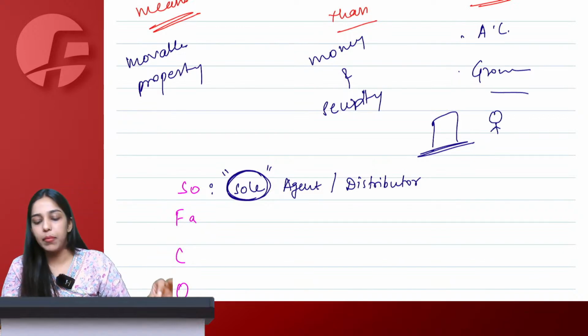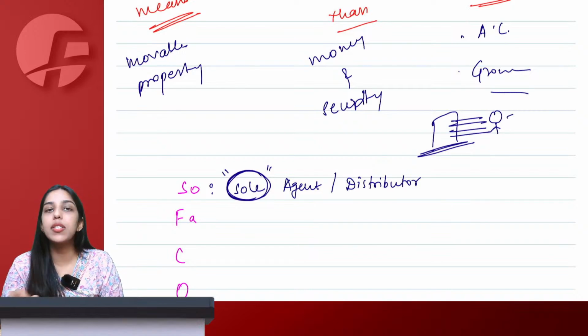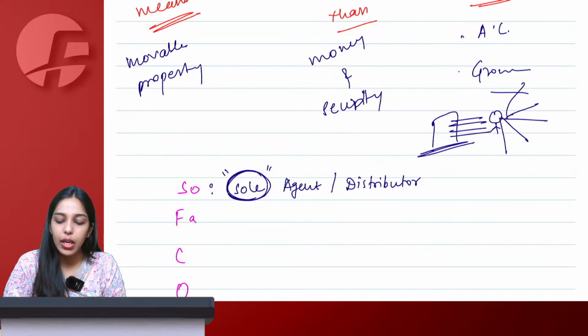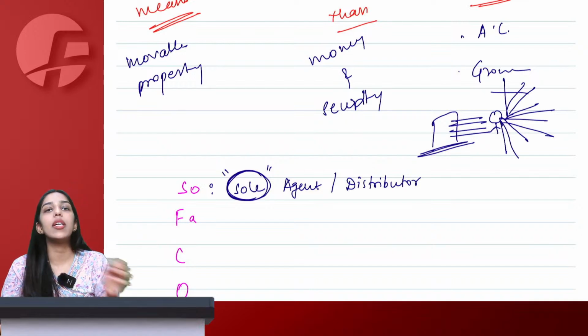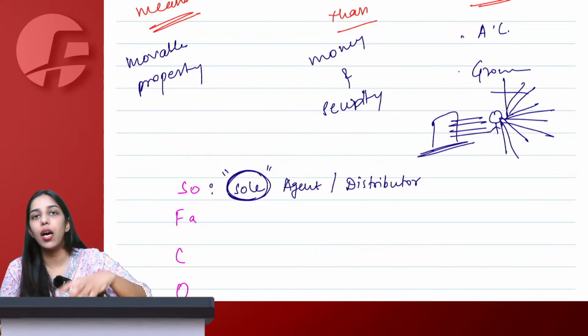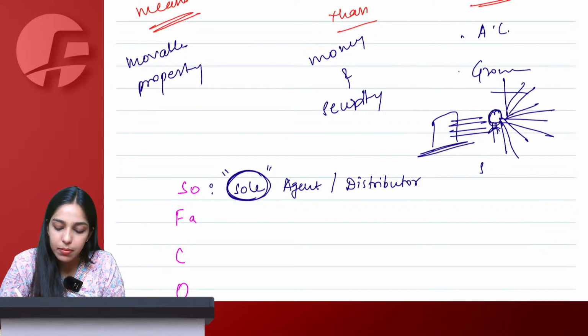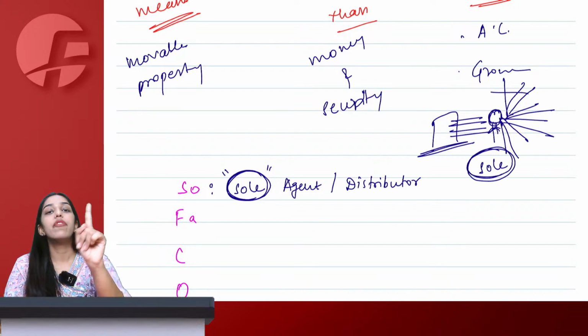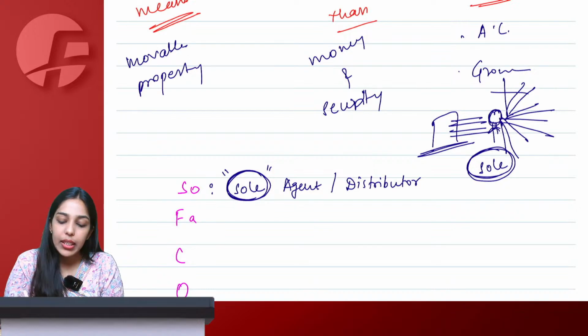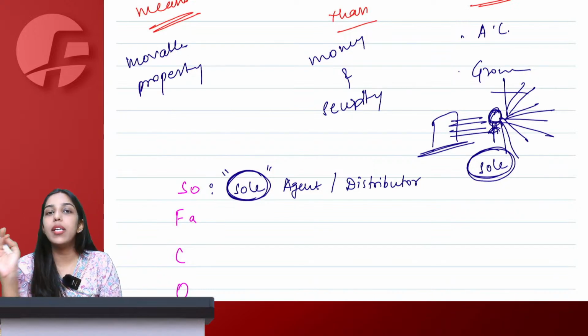All the specs that I make, I supply through this person only. Now, this person will then later find various sellers, distributors, retailers in the market and help me sell my specs. So here I would say that this person is my sole agent, one and only agent, one and only distributor. He would be considered as my related person.